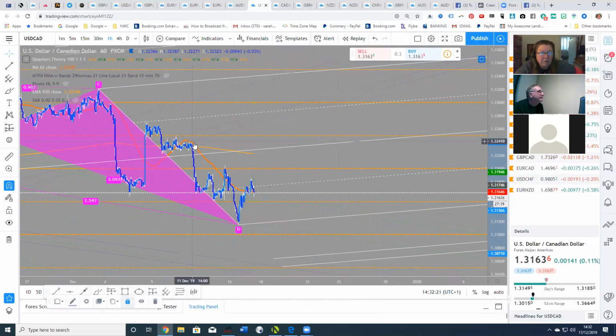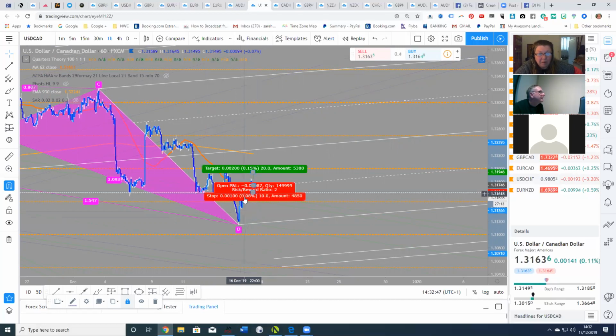We've had the 62 cross down under the 15-minute. So it's off the D point. It hasn't retested the D point. It's shot straight up to quarter theory, where it rejected off it, didn't want to come back down. So a strong upward momentum. It's then tested the 62, which it's still testing.